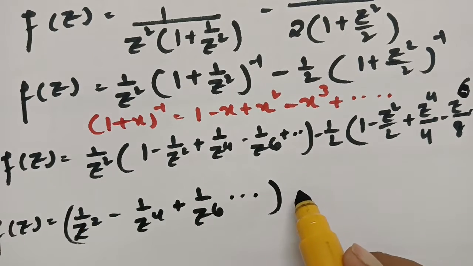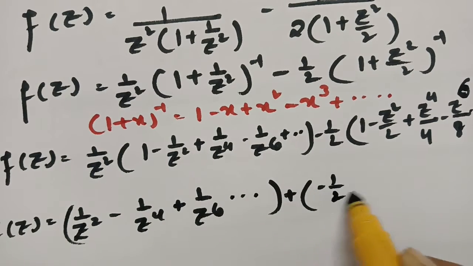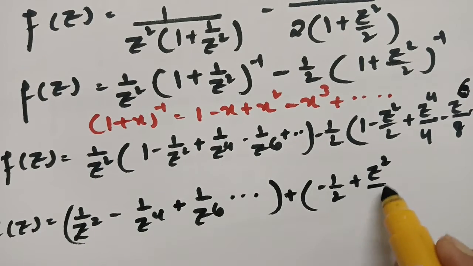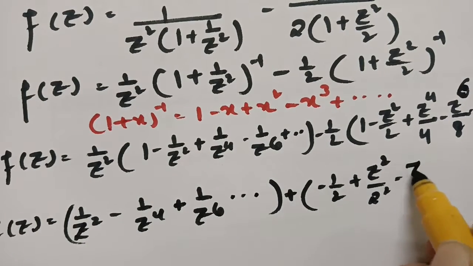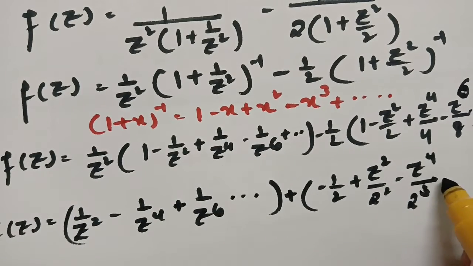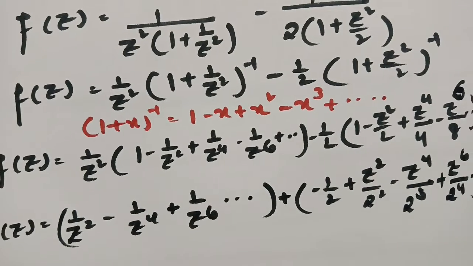Here also, if I send this minus half inside, this will be minus half plus z² by 2² minus z⁴ by 2³ plus z⁶ by 2⁴ and so on.